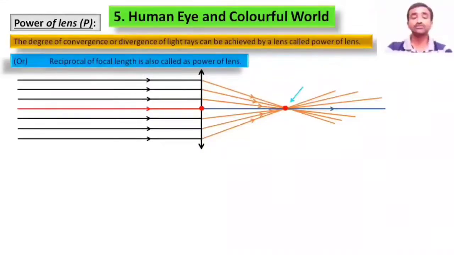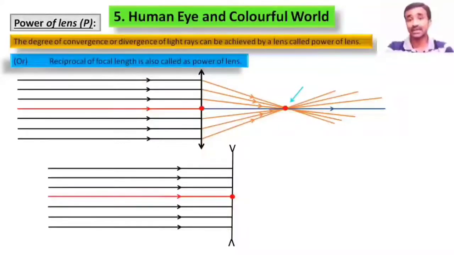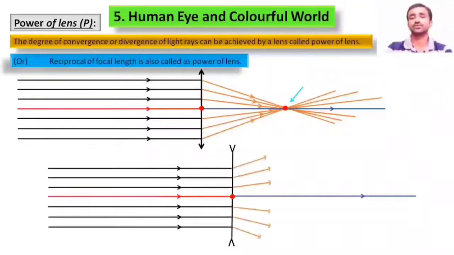So what happens if we use a double concave lens? The same parallel beam of light rays I'm going to make incident on the double concave lens. After the refraction, they are going to be diverged. That red color ray I'm showing differently because it is along the principal axis, passing through the optic center of the lens. It goes straight without any deviation after refraction. Then the remaining light rays are going to be diverged.